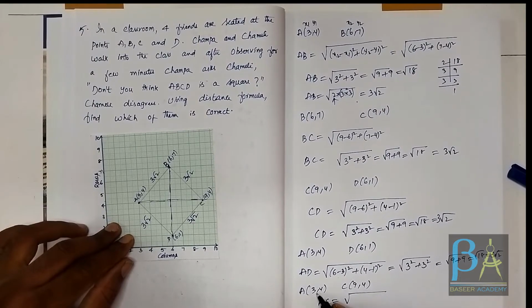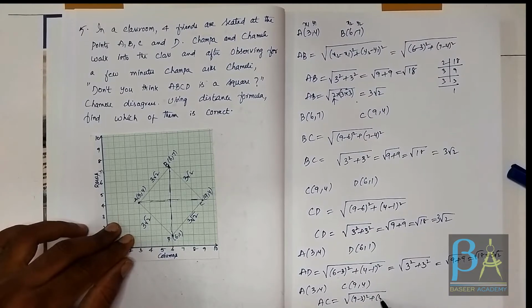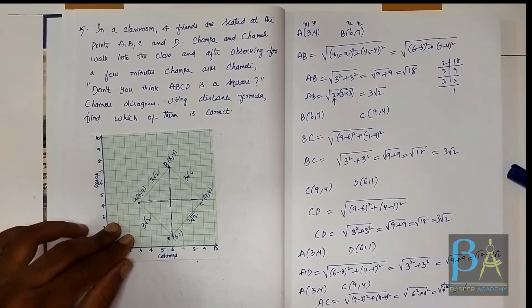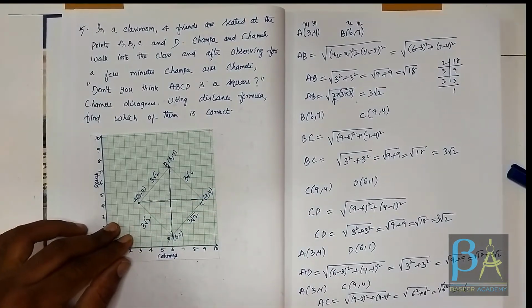Square root of 9 minus 3 whole square plus 4 minus 4 whole square. 9 minus 3 is 6, 6 square, plus 4 minus 4 is 0, 0 square. So 0 square is nothing but 0 itself, so 6 square remains as it is. The square and the square root get cancelled. You end up getting AC as 6. So I'm getting the diagonal AC as 6.